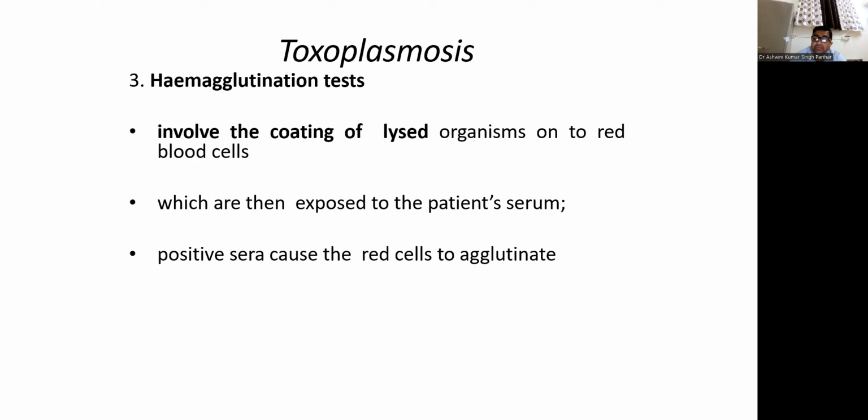Since the patient serum has antibodies against toxoplasma, it will cause agglutination of the RBCs. So basically, you are using RBCs coated with the lysed organism and then mixing them with the patient serum. This is the hemagglutination test for the diagnosis of toxoplasma.